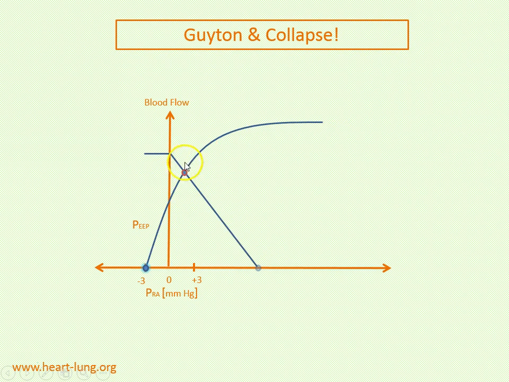So if you see, this is the total amount of blood flow for this state of the cardiovascular system, and this is the balancing point between venous return coming into the thorax and cardiac output ejecting blood from the thorax.